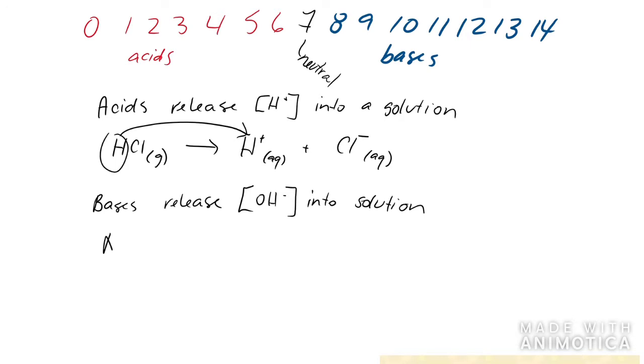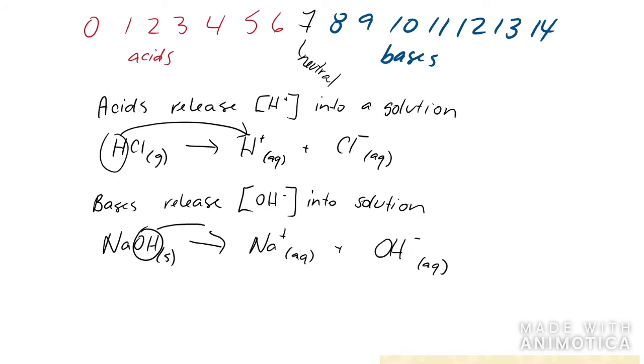So if you have NaOH, sodium hydroxide, which is a very common base, and you put it into solution, you're going to have sodium in solution, and you're going to have hydroxide in solution, because this hydroxide group gets released as a hydroxide into solution. So this produces hydroxides, whereas the hydrogen or the acid produces hydrogen ions.